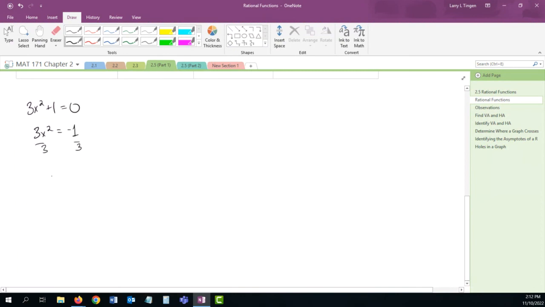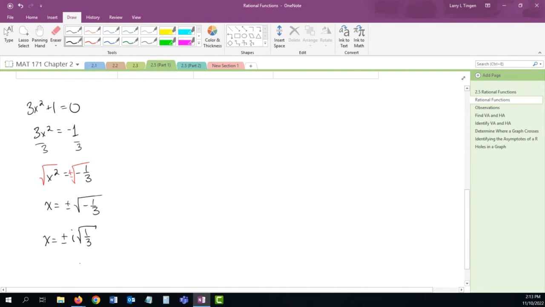Divide by 3. x squared is negative 1/3. You already know what's about to happen, but let's solve it anyway. x is equal to the positive and negative square root of negative 1/3. And negative 1/3 under a square root means what? It's imaginary.